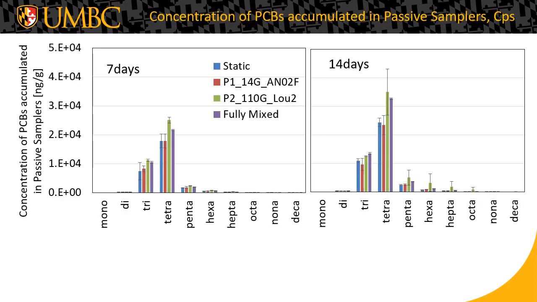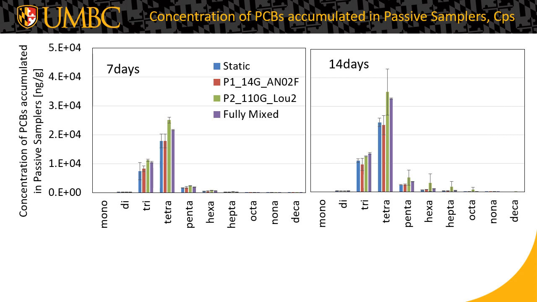Here we are looking at the mass of PCBs accumulated in passive sampling prototypes normalized by the mass of polymer in each of them after 7 and 14 days. The tri and tetra are the most abundant homologs. In most cases, the vibrating prototypes, represented by the red and green bars, have more accumulated PCBs in the polymer.